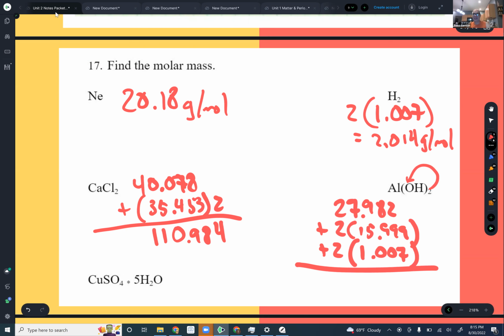So I got to add all that together. 27.982 plus 2 times 15.999 plus 2 times 1.007. And what you get is 61.994. Okay.